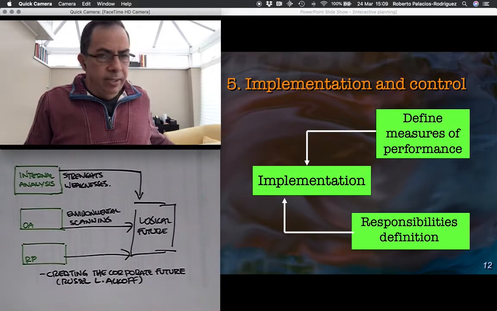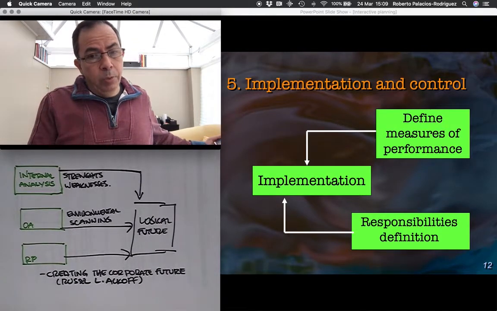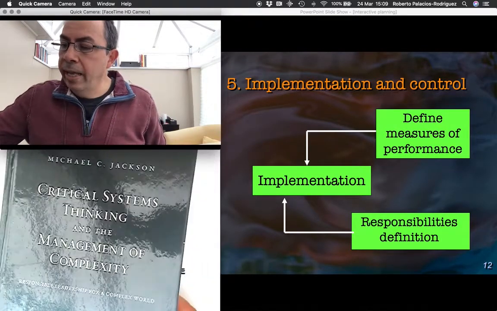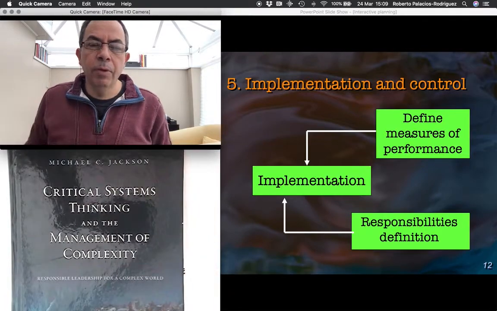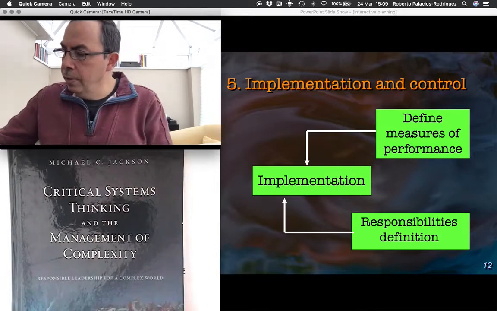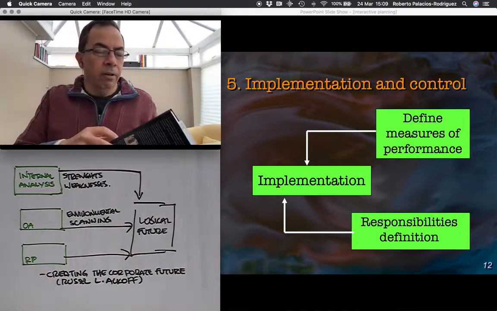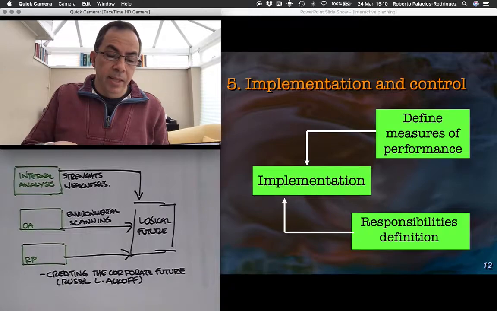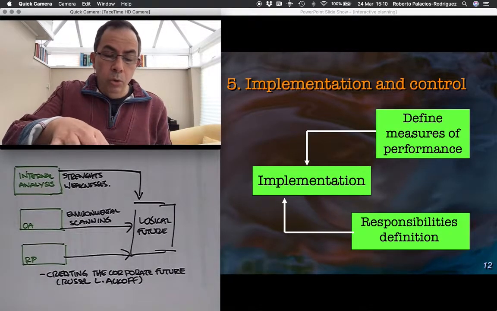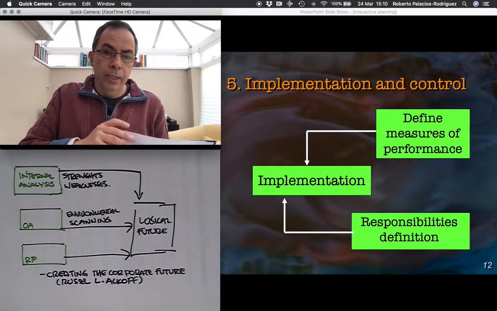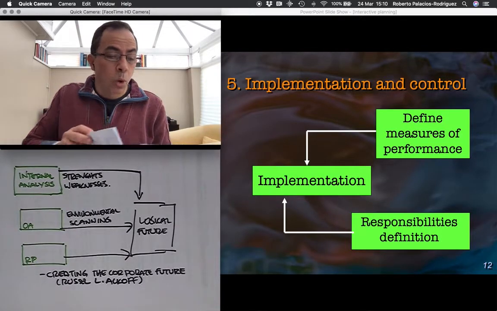The other reference, of course, is the textbook. Remember, the textbook we're using is this book, Critical System Thinking and the Management of Complexity by Mike Jackson. And Mike does a great job really in explaining each one of the different methodologies. So that could be a really good source of reference if you want to know more about the interactive planning methodology.